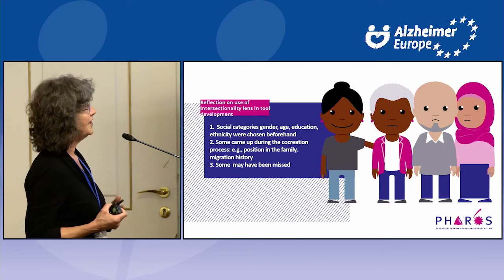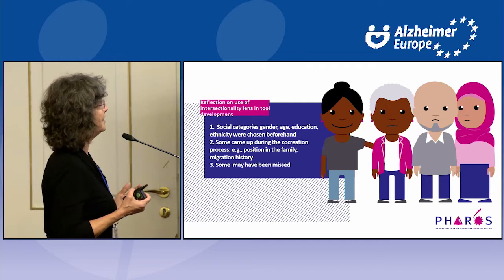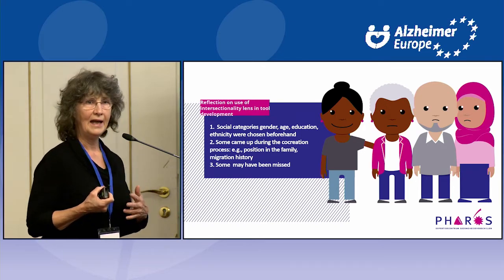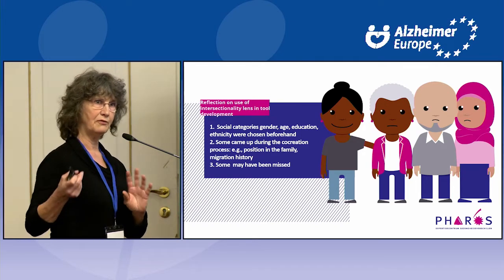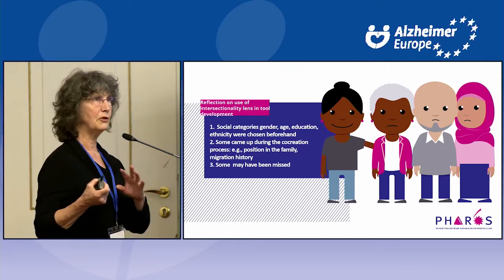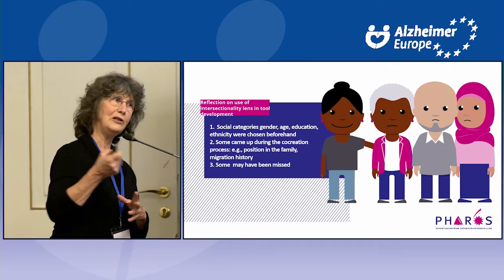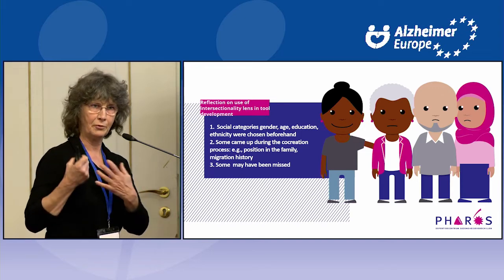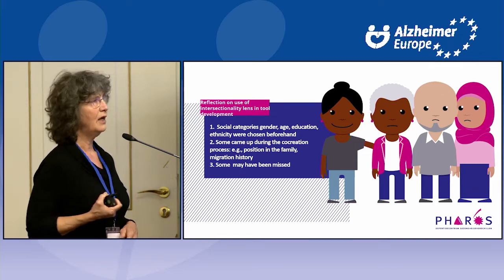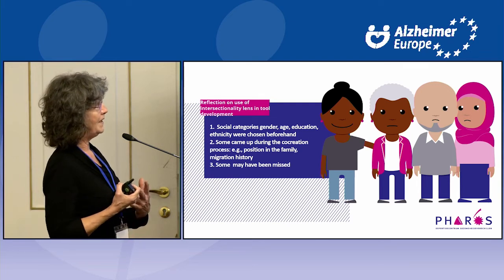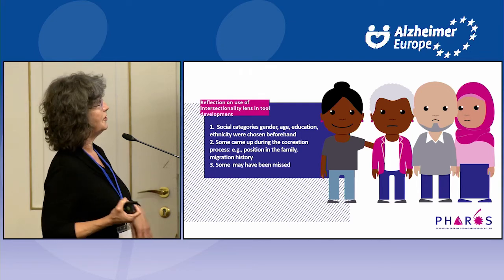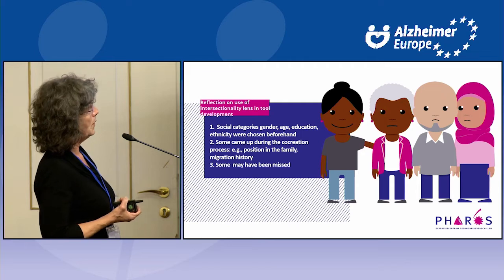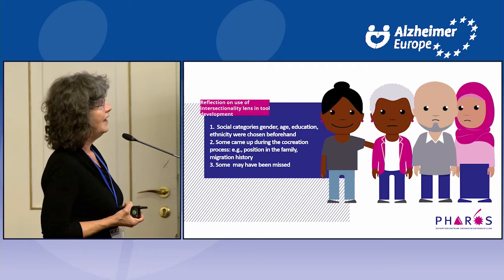So now my reflection on the use of the intersectional lens in tool development, and I must say this is looking post hoc, looking back and trying to find out how we actually did this from this perspective. Did we actually do justice to the intersectionality lens when we were co-creating this?